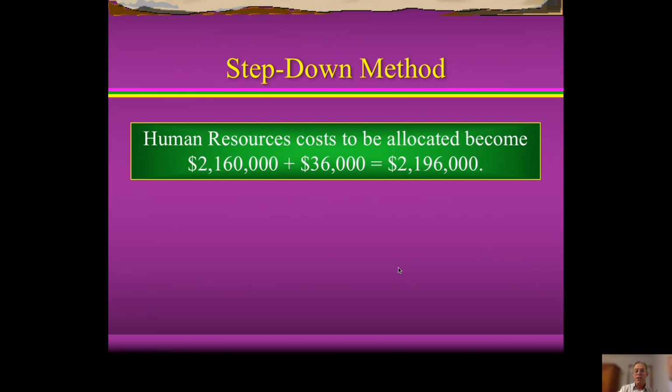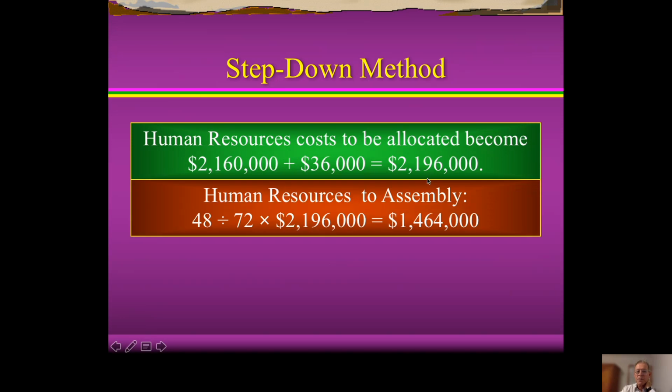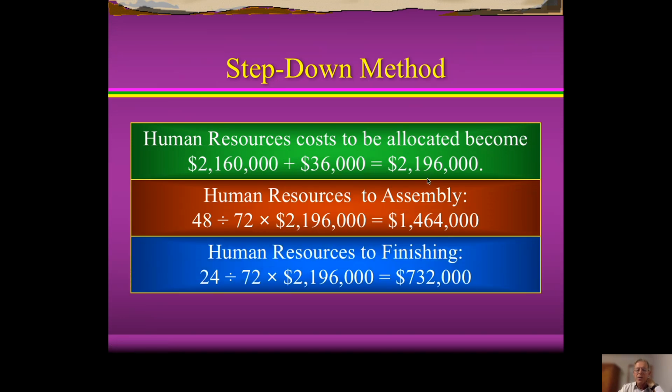In fact, here it is here. The total number of costs to be shared with human resources, now the original cost in the department plus their share of maintenance costs. Now we're going to share that 2,196,000 between the operating departments. Again, based on the number of employees, we're only sharing it between these two departments. So we gather the number of employees in assembly.